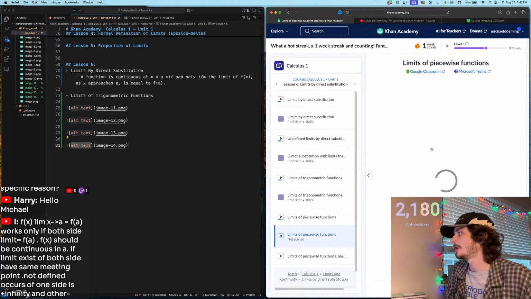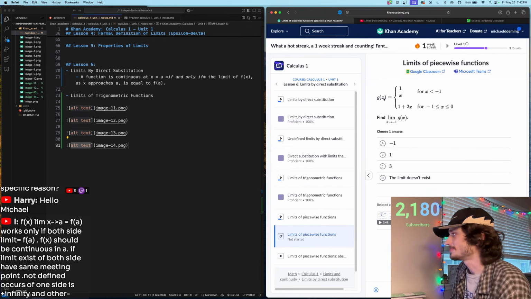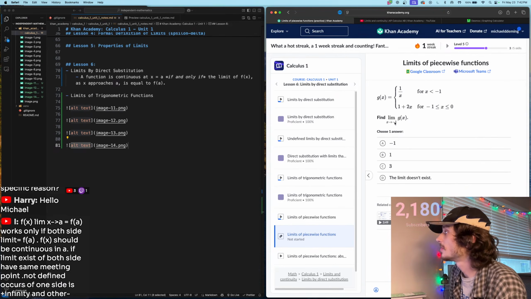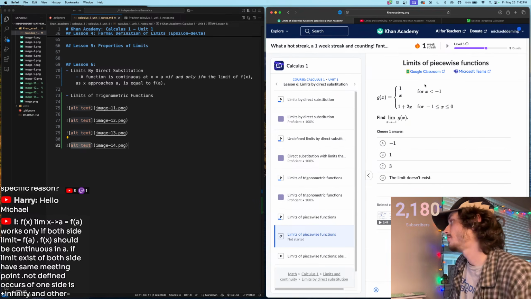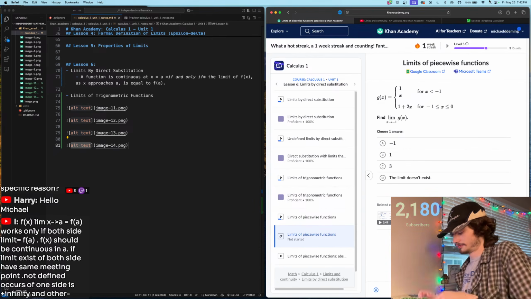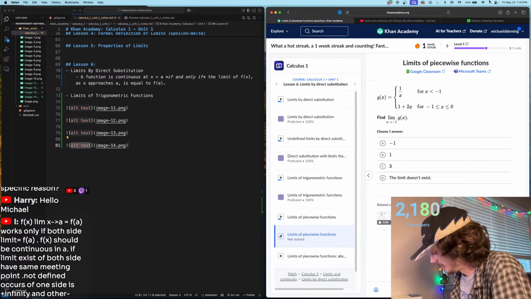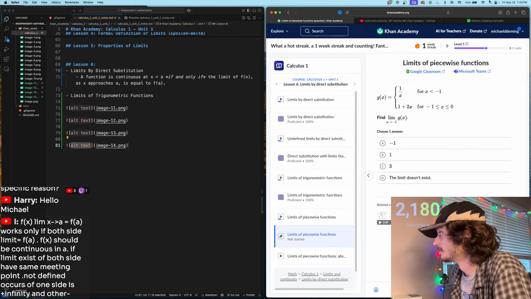Alright, ready? Let's try these. Here we go. The limit of g of x as x approaches negative 1. Coming at negative 1 from the left, it's going to be the top way.